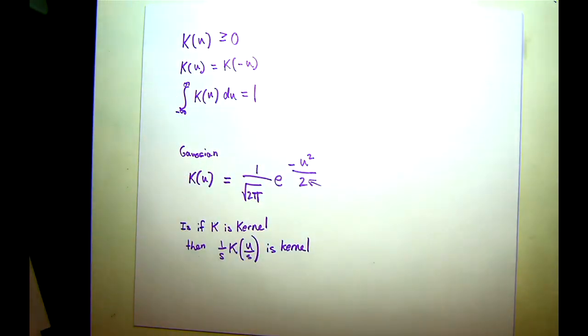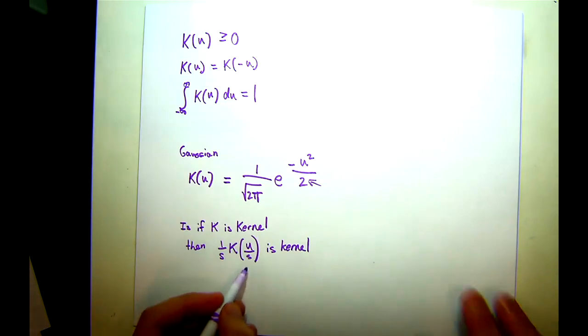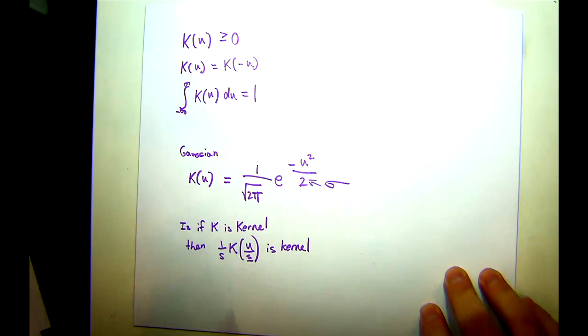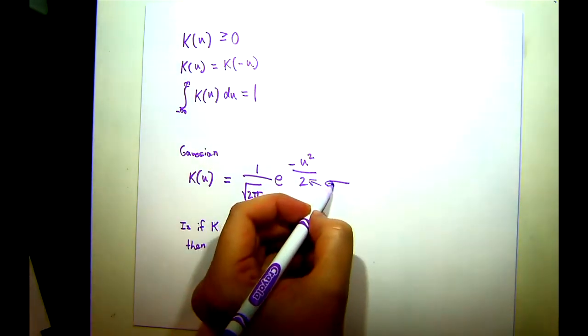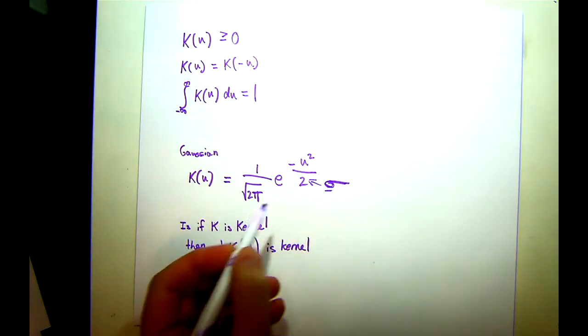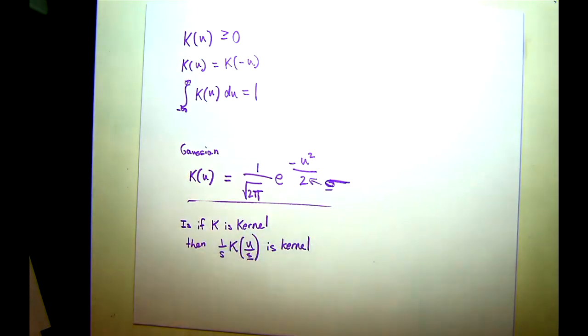Rescaling them is the equivalent of having a sigma that you can adjust to set that scale. So that's how you get away with not having sigma in this definition of a kernel function. It's just because you can arbitrarily rescale your kernel functions.